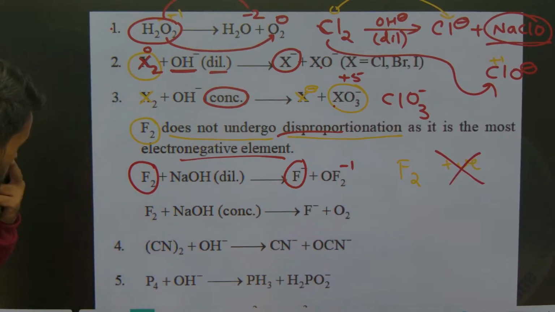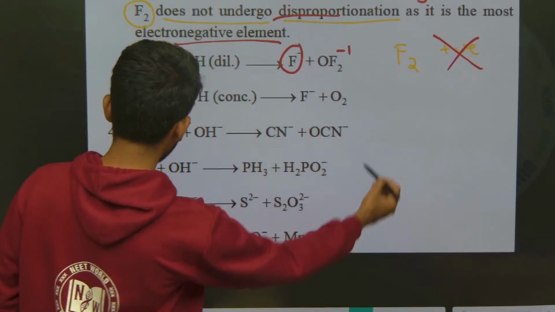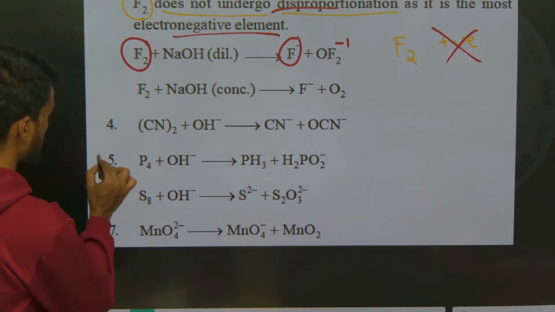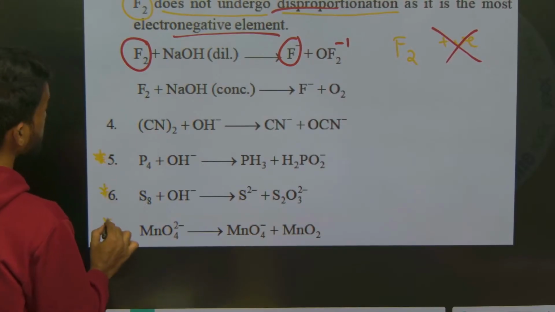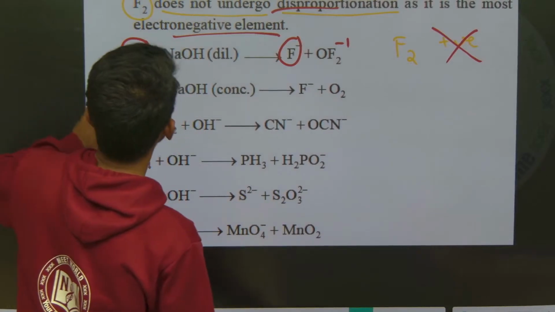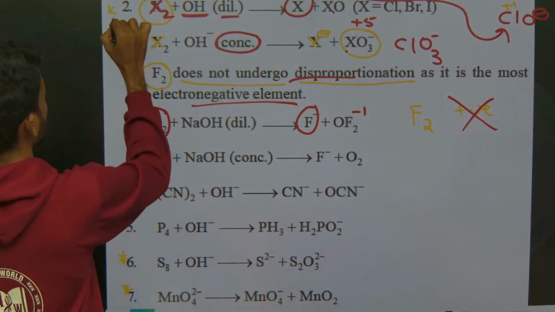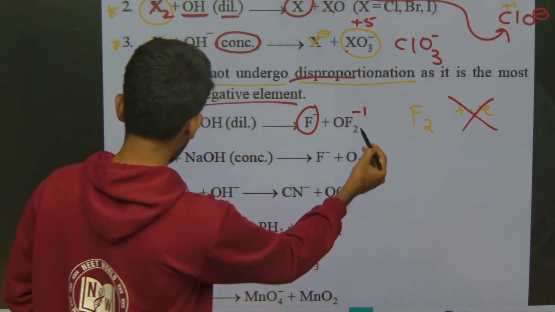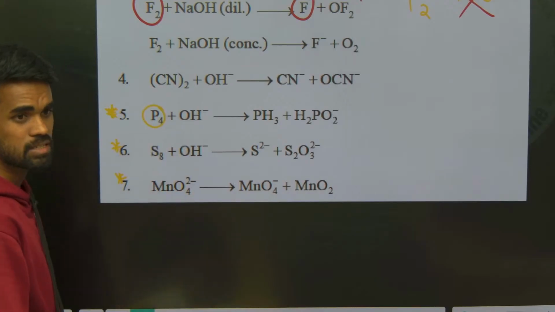Next you can see these reactions are important here, and these two reactions. Here phosphorus, when any element is combined with itself, what is the oxidation state? 0.